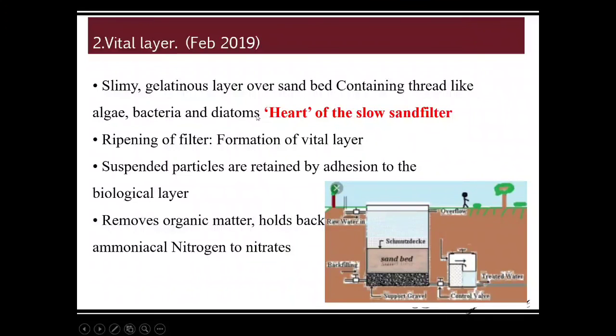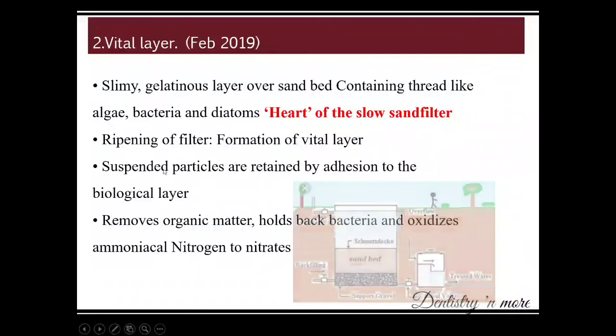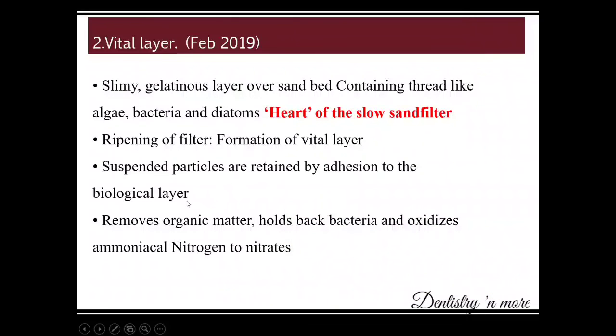We just have this biological layer which is formed over the top of the sand filter. It blocks the particles. After a few weeks or days we need to remove this by scraping it off.